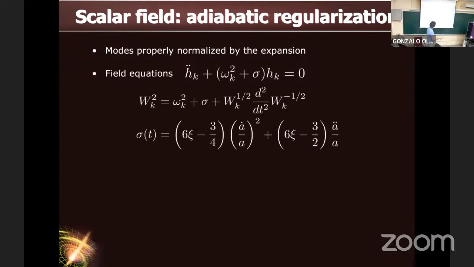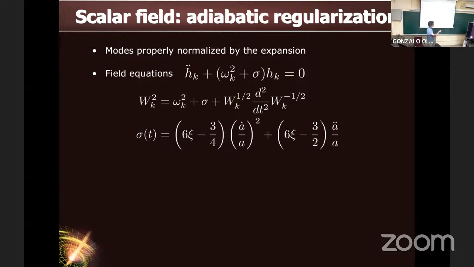Okay, fine. So the ansatz that I introduced ensures proper normalization of the modes, but I will explain more on this in the second part because it's actually a very subtle process in that case.